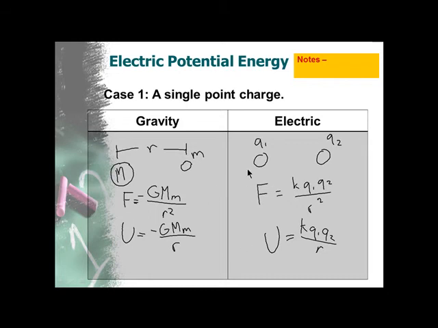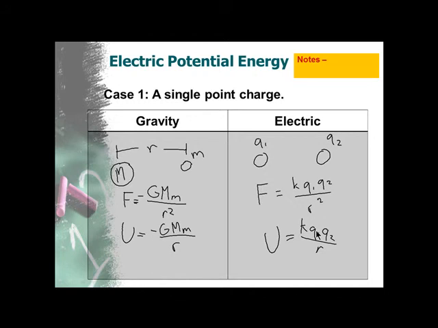So now we can use this formula down here at the bottom right to calculate the amount of potential energy that a charge Q2 has in space when it is being attracted or repelled by a charge Q1.